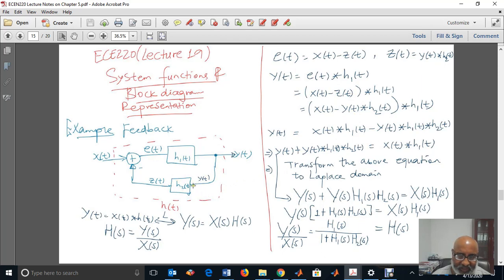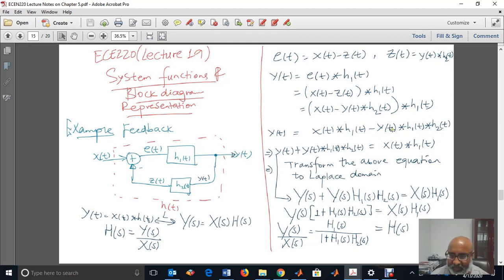The input of the second system is y of t, and the output is z of t. So z of t is y of t convolved with h2 of t, and everything convolved with h1 of t. Now y of t is equal to x of t convolved with h1 of t minus y of t convolved with h1 of t convolved with h2 of t.